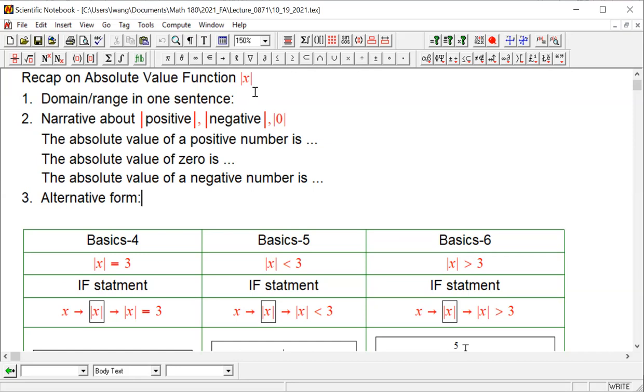What can you say about the domain and range of this function? One sentence, okay? You were quizzed on this before, and we talked about it in classes before. We did a graph. I would appreciate some contribution if you would like to share that with us.